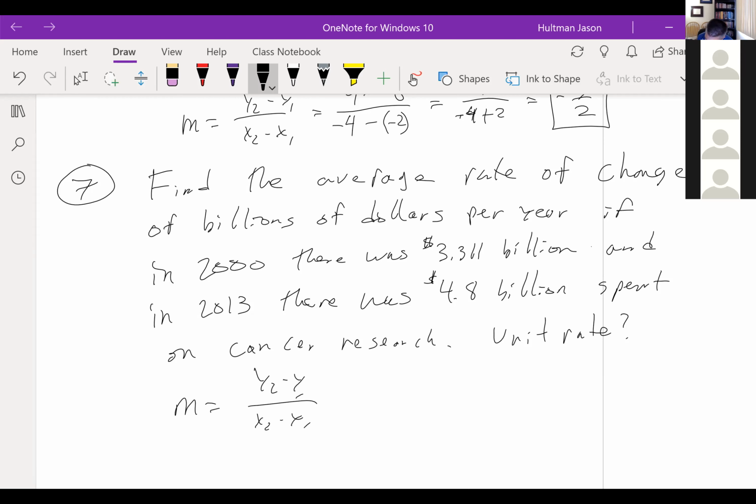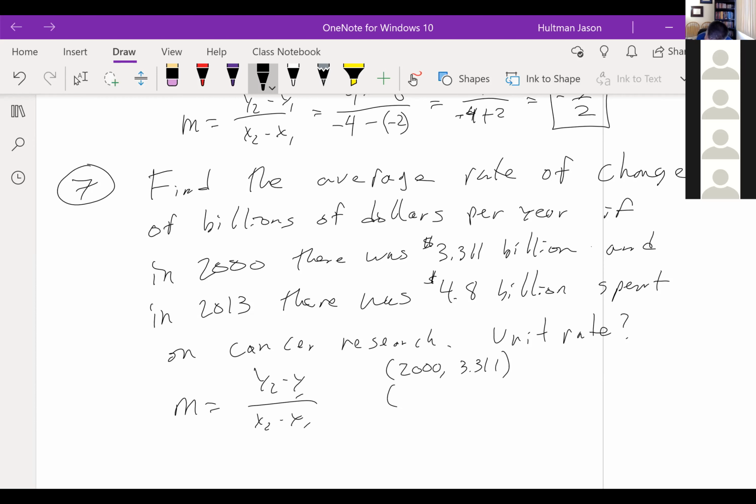Okay, so what do we got here? We've got these points. The x was 2000, and the y was 3.311. The other point was 2013 and 4.8.